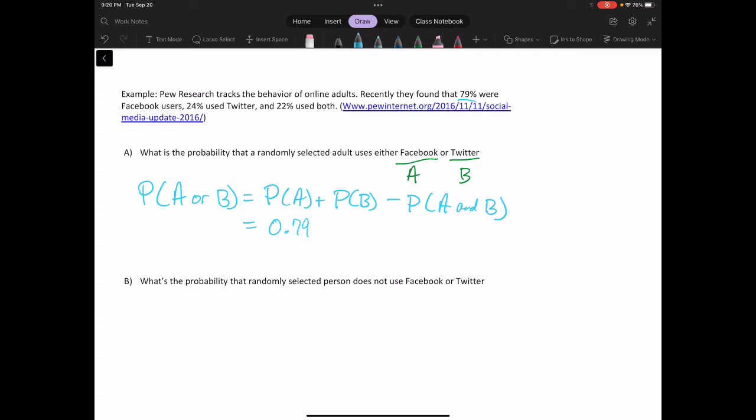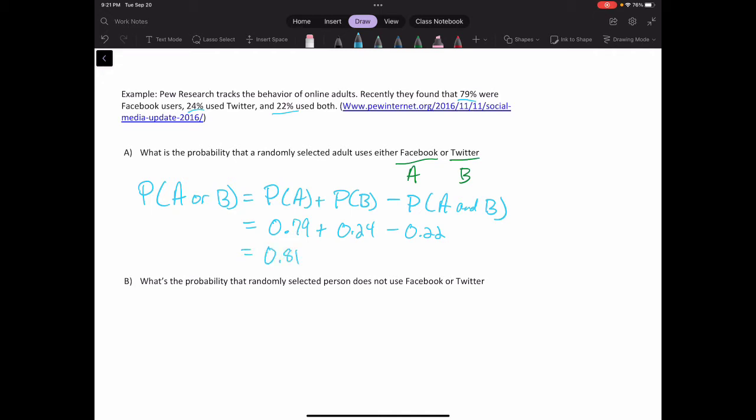Plus the probability somebody uses Twitter, 24%, so that is 0.24. Minus the probability of both, which is 22%, so that's 0.22.